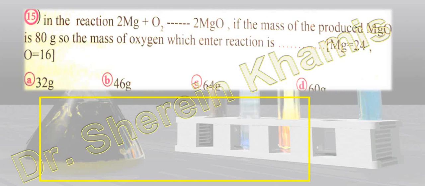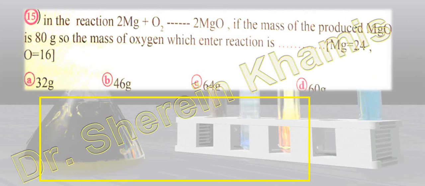Here we have question number 15. In the reaction Mg plus O2 giving magnesium oxide, 2 moles of magnesium react with 1 mole of oxygen to form 2 moles of magnesium oxide. If the mass of magnesium oxide produced is 80 gram, what is the mass of oxygen which enters the reaction?